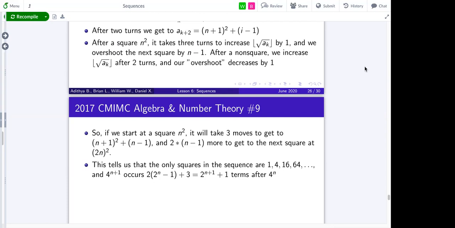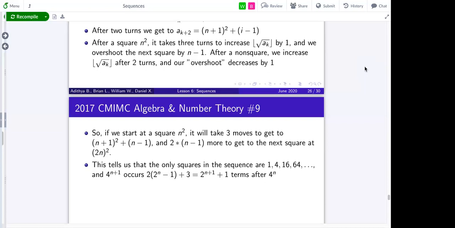So in order to do that, we remember that every time we increase our term by 2, our overshoot is going to decrease by 1. So we want to decrease by 1, n minus 1 times, which means we need to iterate 2 times (n minus 1) more terms. And then the next term is just going to be (n+1 plus n minus 1) all squared, which is 2n squared, and then plus 0, which is just 2n squared.